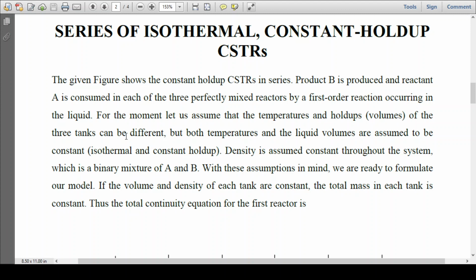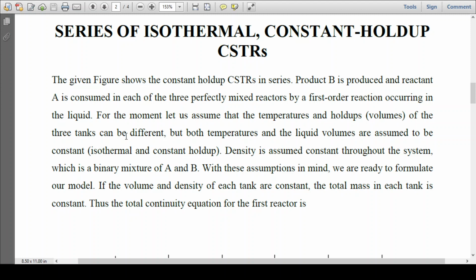It is assumed that the temperature and volume of the reactor remain unchanged during the course of the reactions, and each reactor has its own volume and temperature.